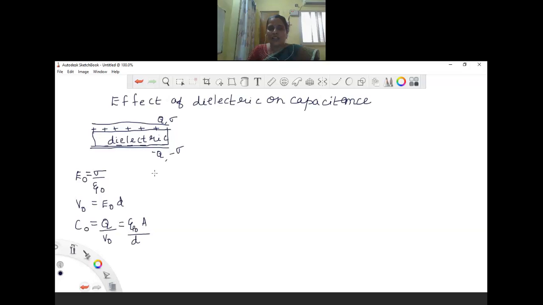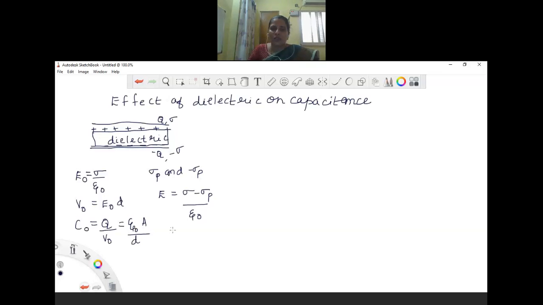After the dielectric polarization, the surface charge densities become sigma p and minus sigma p. So, what will happen to the electric field now? The electric field will become E is equal to, look at this equation, sigma by epsilon naught. But now the surface charge density becomes sigma minus sigma p, so E is equal to sigma minus sigma p divided by epsilon naught.